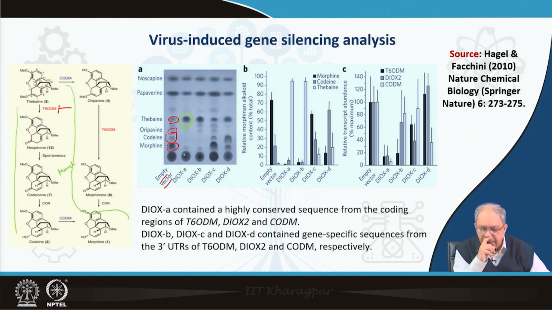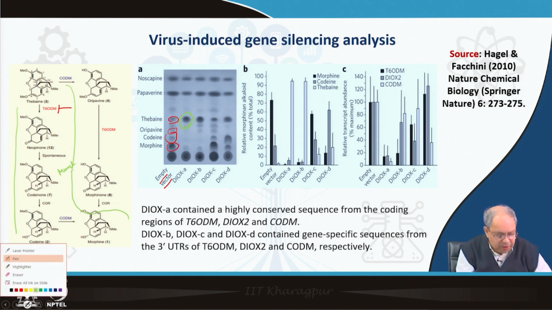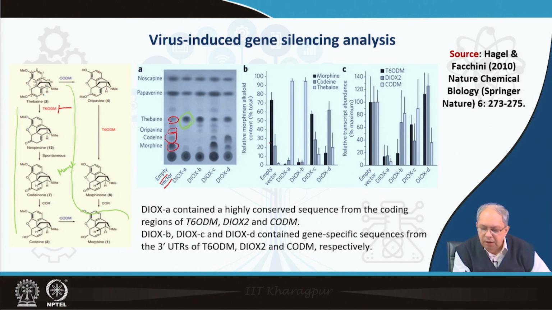The same is true when the alkaloid content was measured. In the case of the empty vector, that is the wild type, morphine, shown in black, is detectable in substantial amount, and even codeine is detectable, but thebaine is very little, because all the thebaine got converted.